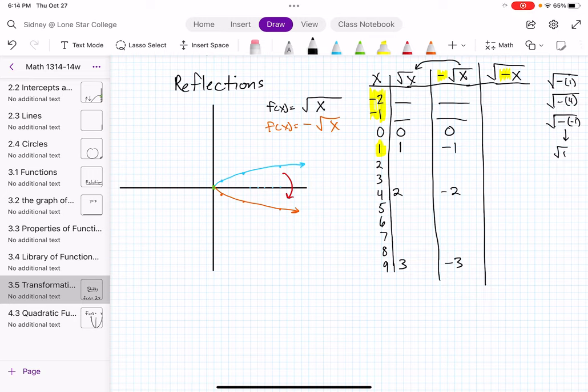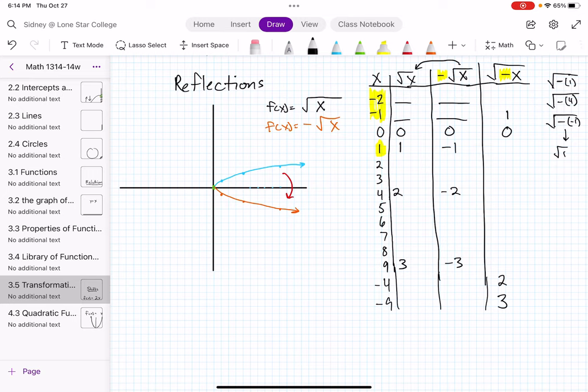And so what that means is when you have an x value of -1, we now have an output of +1. So that's still 0 because -0 is 0 and the square root of 0 is 0. But now we actually go into the negative values, and I'm going to add them down here, but -4 and -9, just to give us a few more values. The square root of the negative of -4 would then be +2. And the square root of the negative of -9 would be +3.